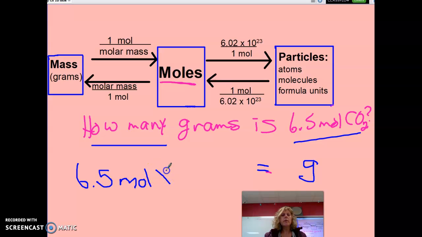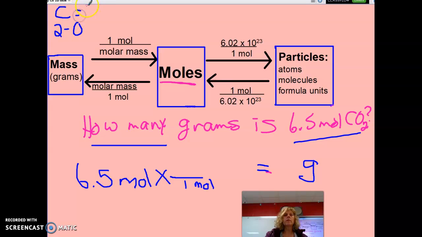Remember that the thing I want to get rid of goes on the bottom of my first conversion factor. If I follow my little line here, to go from moles to grams is going to be the molar mass over 1 mole. So now I have to look up the molar mass of CO2. I find that by looking at the periodic table, at the atomic mass.